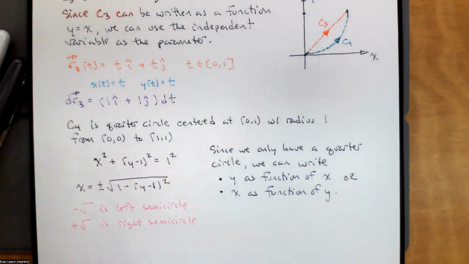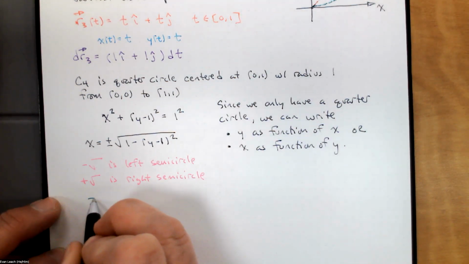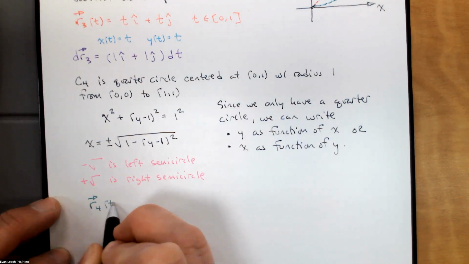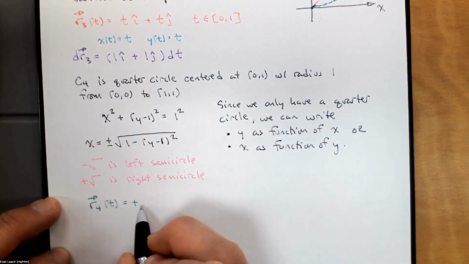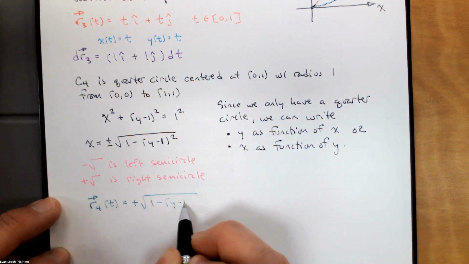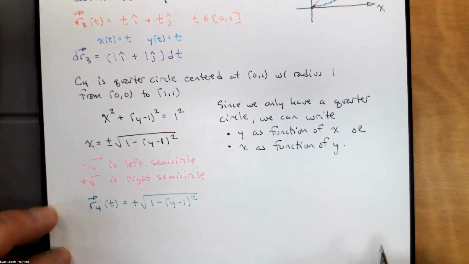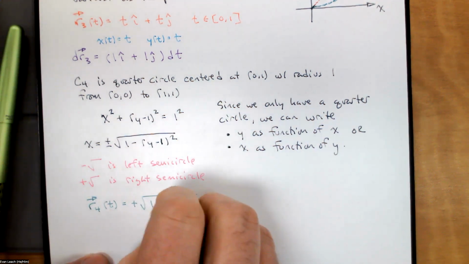So to parameterize that curve, one way is I'm going to use the positive square root of 1 minus y minus 1 squared. And I'm going to use y as the parameter.